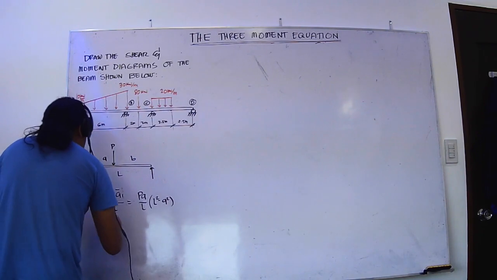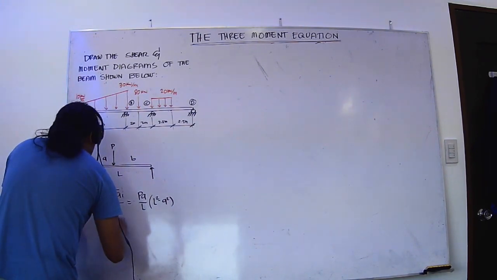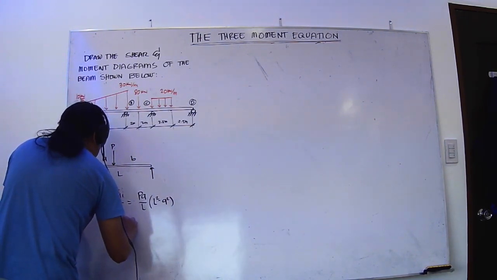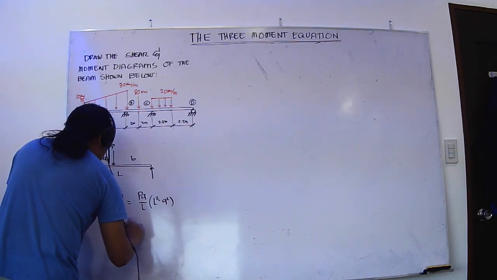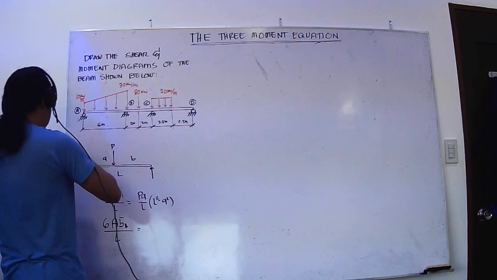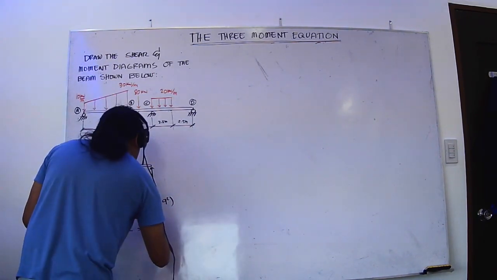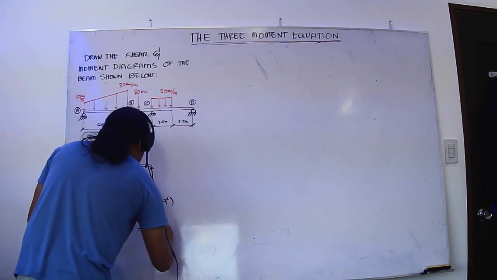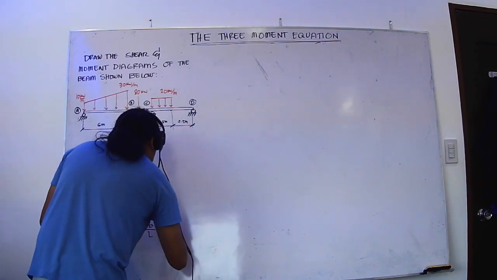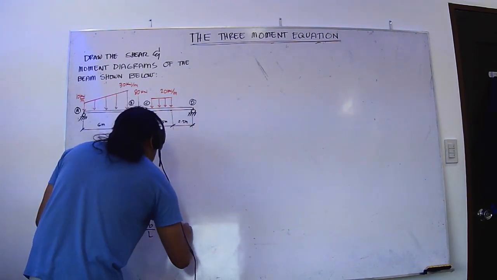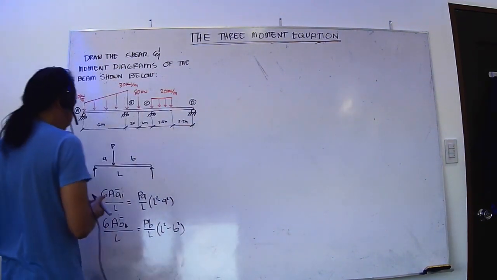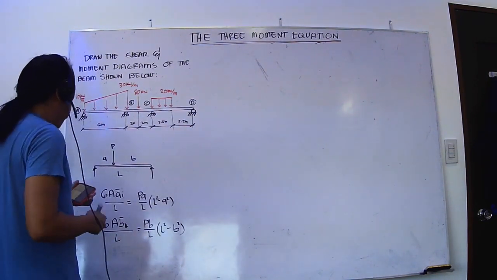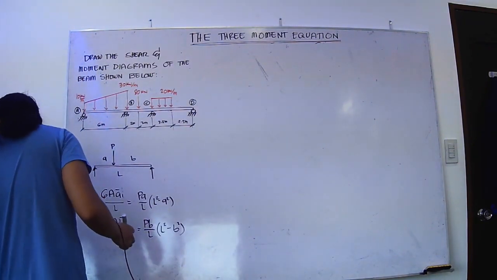And 6 A B1 is equal to P B over L multiplied by L squared minus B squared. These are the general equations.